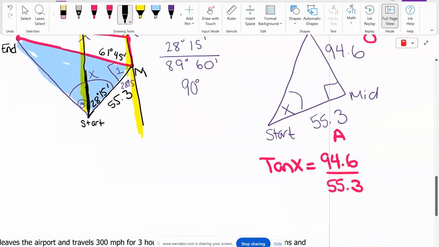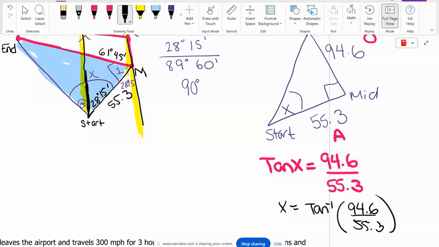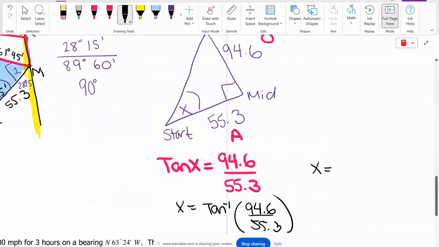So now we're going to take the inverse of both sides. So the inverse tangent of 94.6 over 55.3. Let's go degrees and minutes here. I'm going to say X is 59 degrees and 41 minutes.